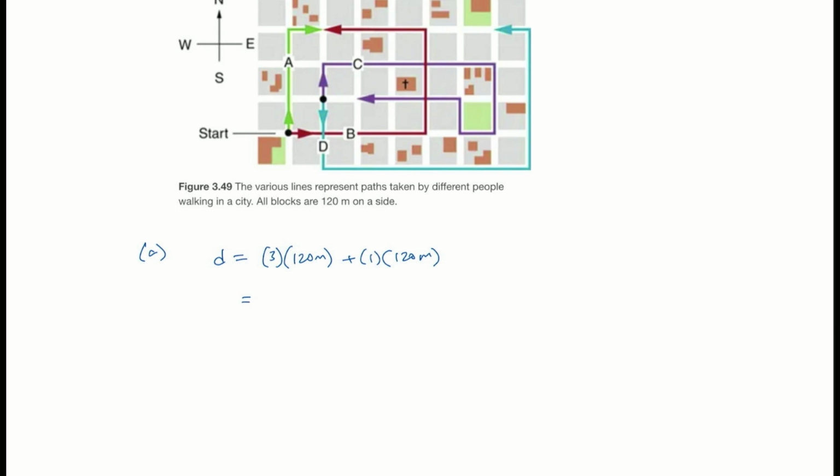So we've gone a total of 4 blocks times the 120, which makes 480 meters. And so the total distance traveled is 480 meters.